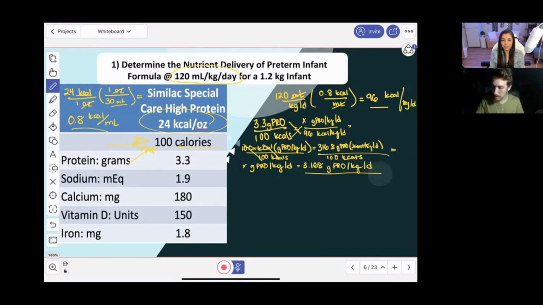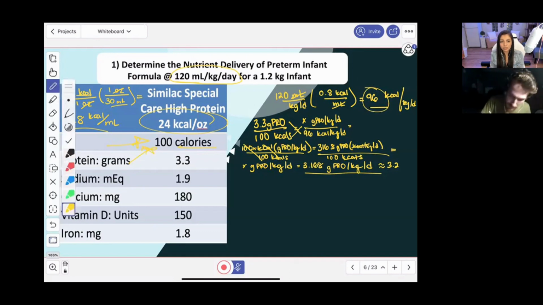Okay, so let's just go ahead and round that to 3.2. And that is going to tell us how many grams of protein we're going to get based off of 96 calories per kilogram per day, at a volume of 120 milliliters per kilogram per day. So I'm just going to write this here.